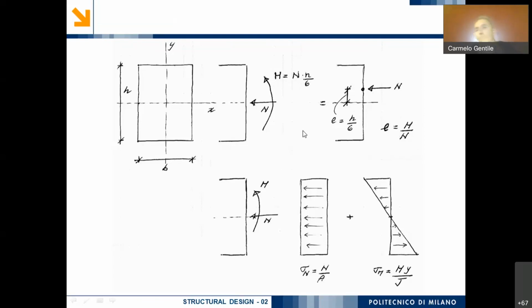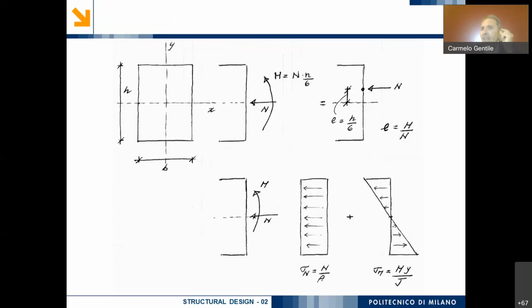So now, once I have reflected on this aspect, and so on the possibility of expressing the combination of axial force and bending moment as just an axial force with an eccentricity, why is this important?